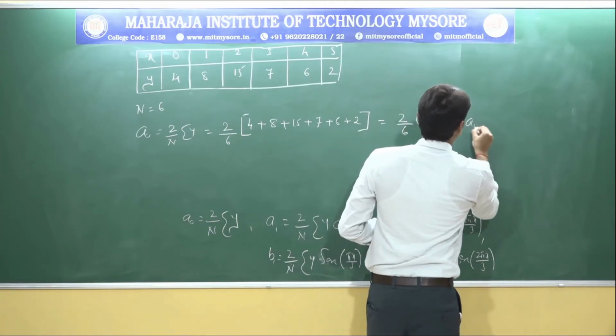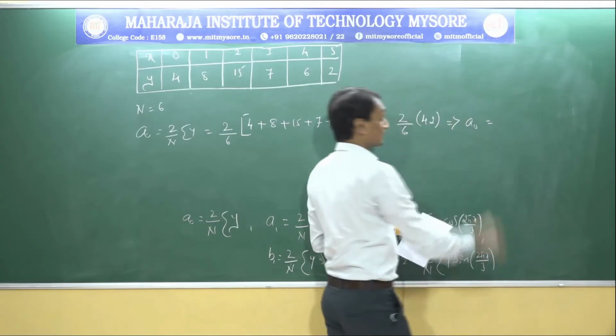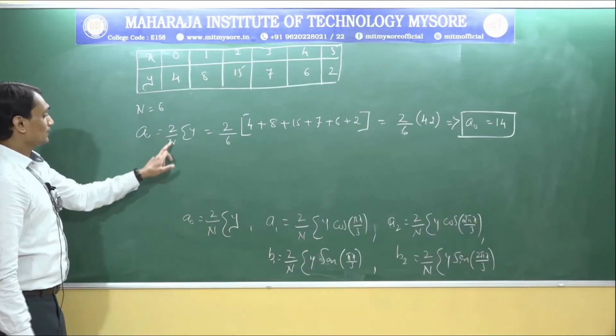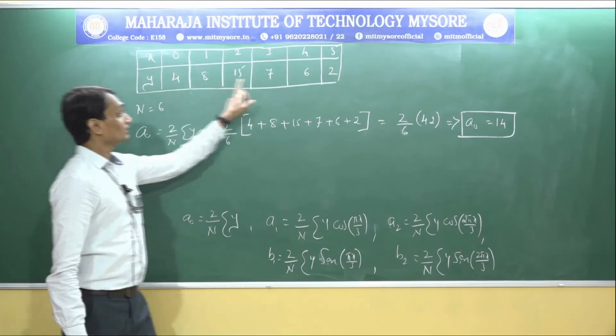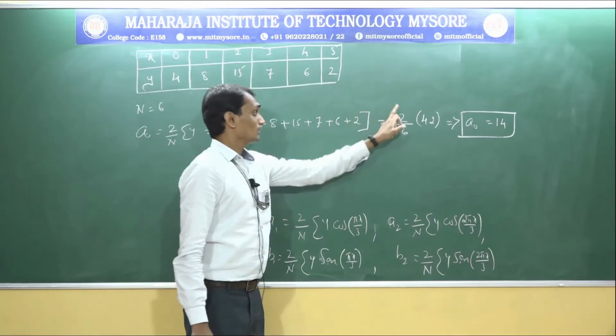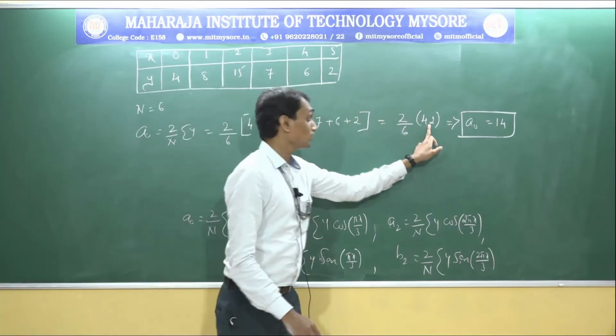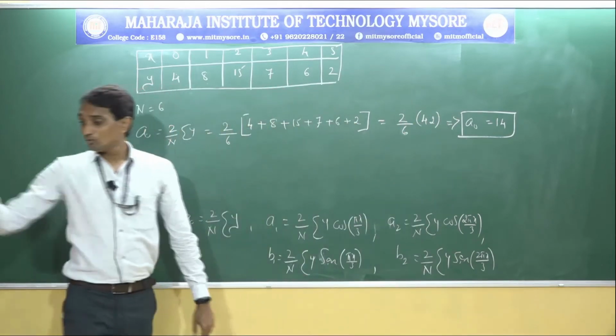Therefore a0 equal to 2 by 6 into 42, and simplifying this value, a0 equal to 14.